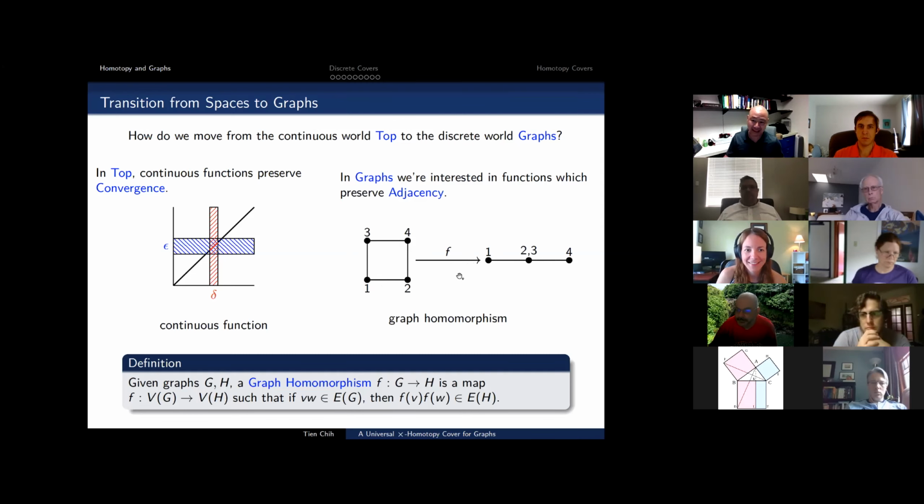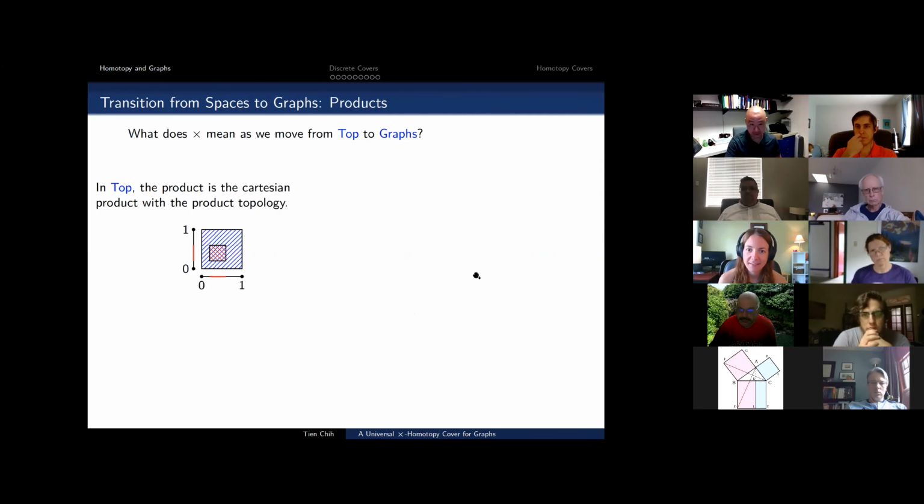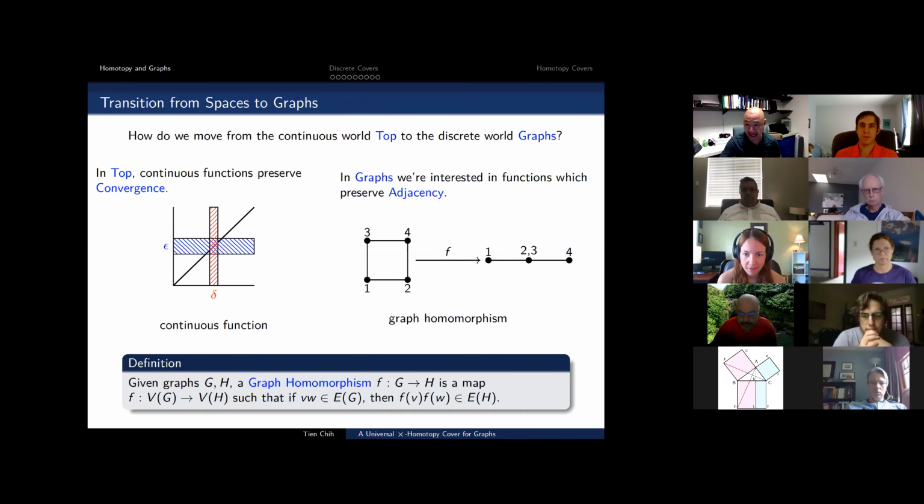And so what that gives us then is that 1, 2, 3 and 1 to 2 were adjacent before and they're adjacent afterwards, and same with 3, 4, 2, 4. So the adjacency is preserved. And so such a function of vertices is called a graph homomorphism, and that's going to be the morphisms of our category.